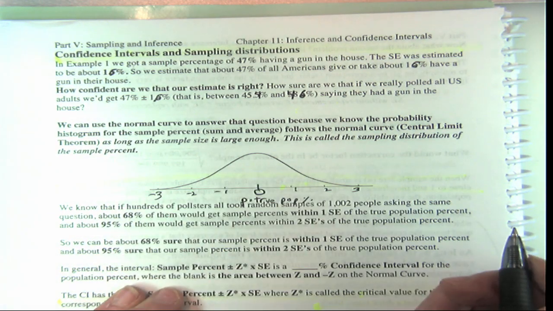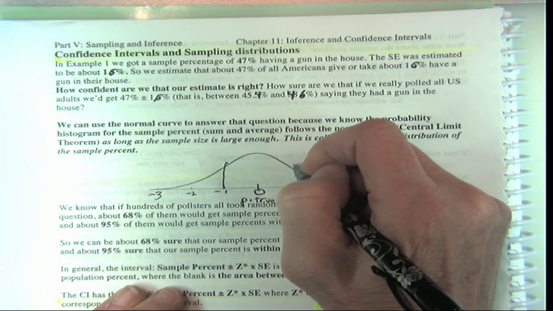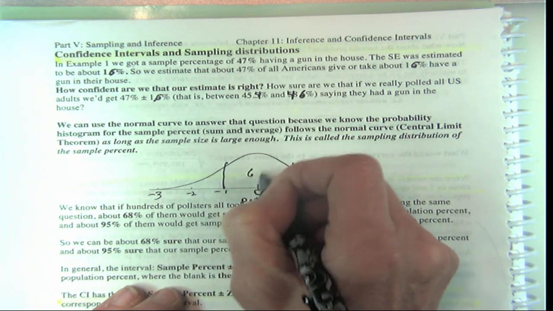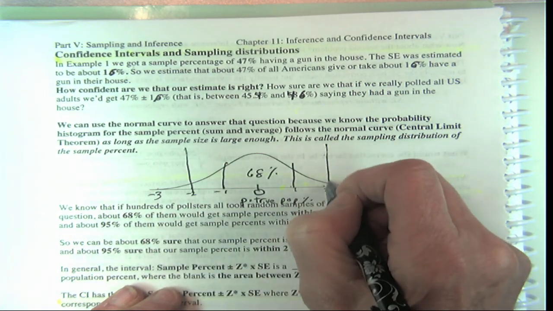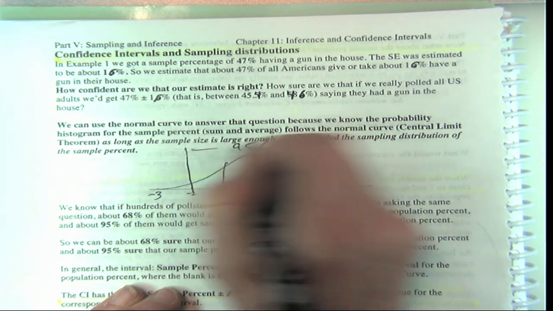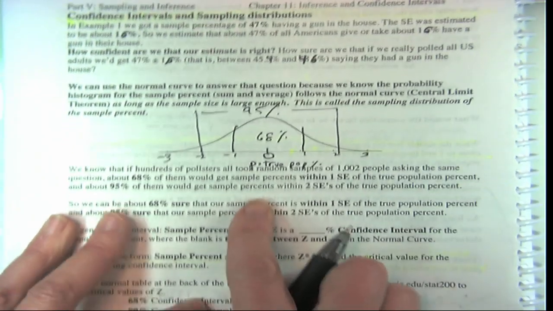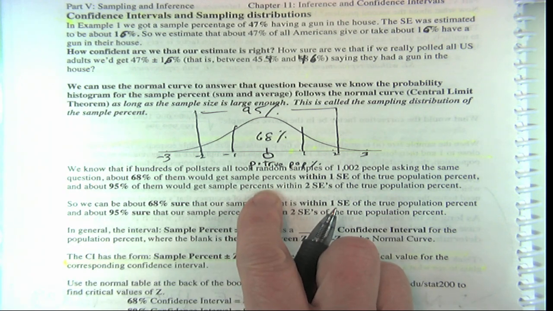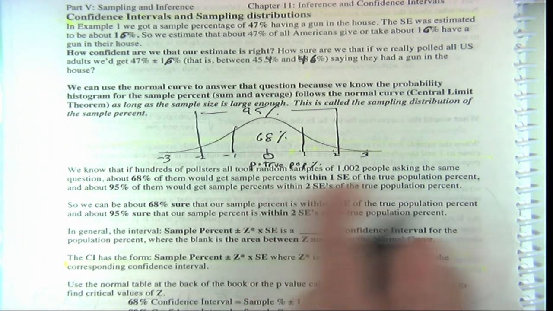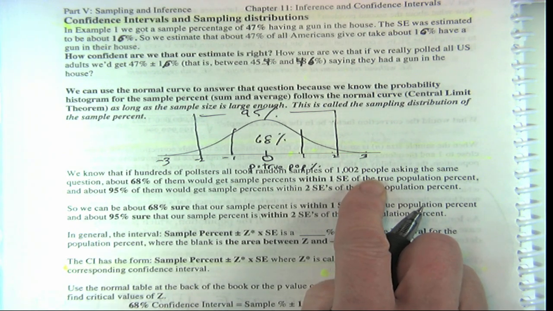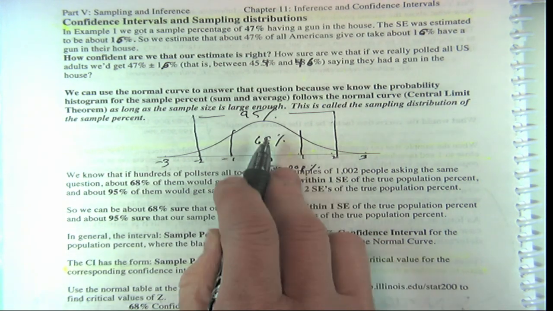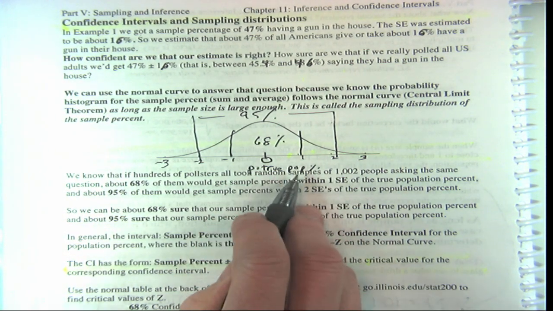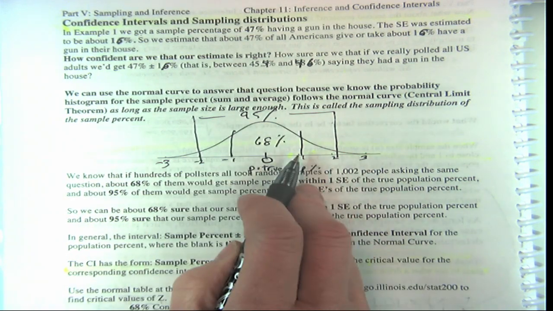In other words, if we did this, 68% of us would be within one standard error of the true population percent, and 95% of us would be within 2 standard errors of the true population percent, right? So that's what we know. If hundreds of pollsters each took a sample of 1,002 people and asked the same question, following the procedures correctly, then 68% of you would be pretty close to the true population percent, and 95% of you would be within 2 standard errors.